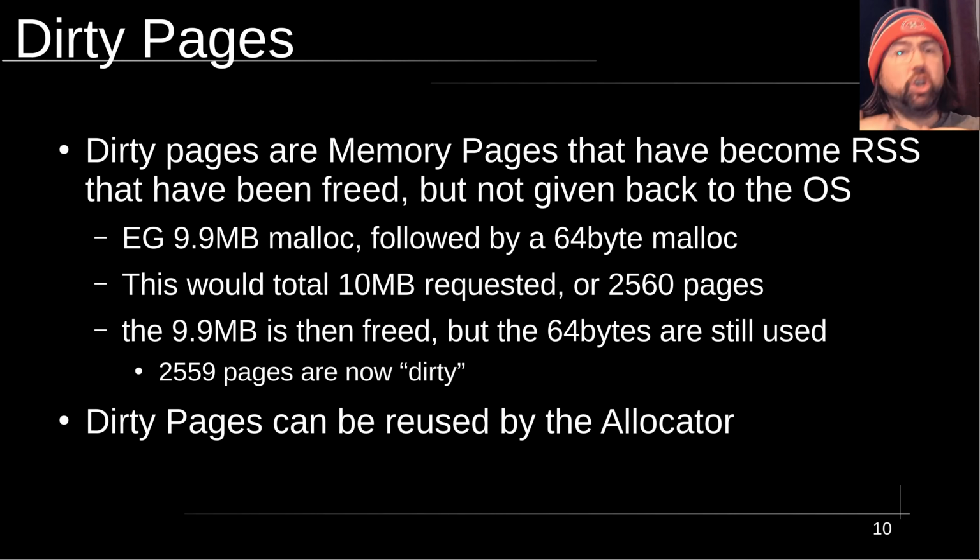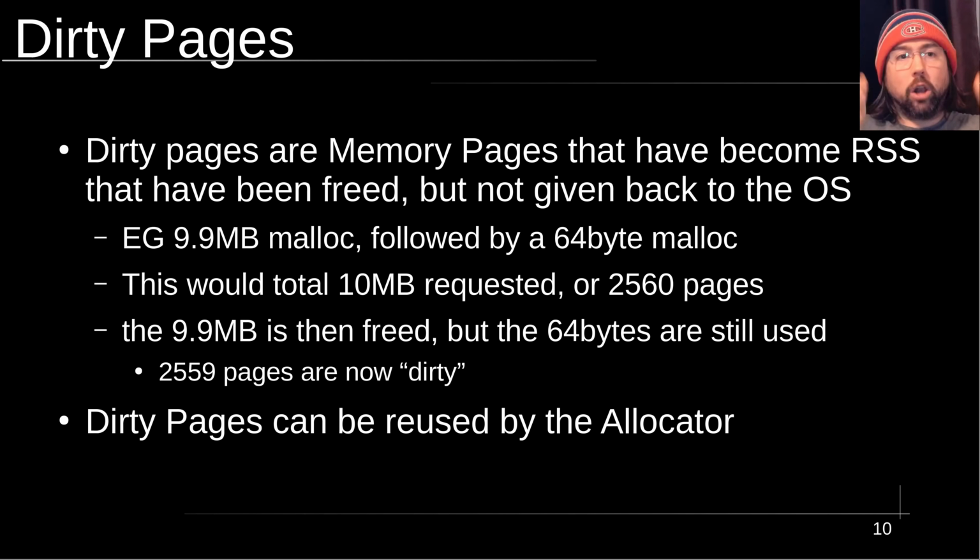But you only use 9.9 of it. You then follow up by doing another malloc and write to 64 bytes of data. Your application then frees the 9.9 megabytes, but the 64 bytes are still used.